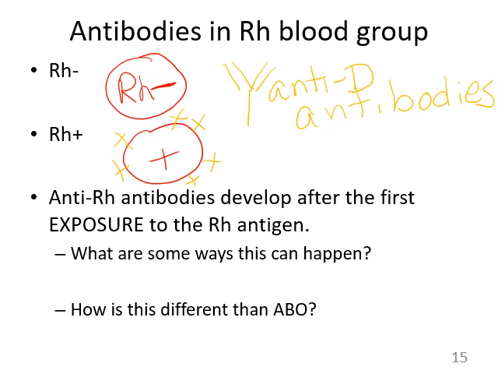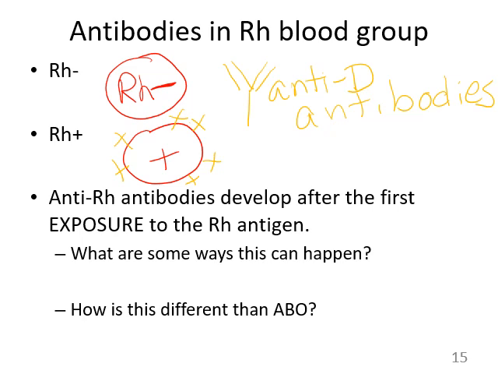The thing about these anti-Rh antibodies that is different from the ABO blood group is that they develop after the first time you're exposed to the Rh antigen. This is more normally how an antibody would behave. Normally you are exposed to some antigen, whether that's a bacteria, a virus, something like that, and then you'll develop antibodies after the first exposure.